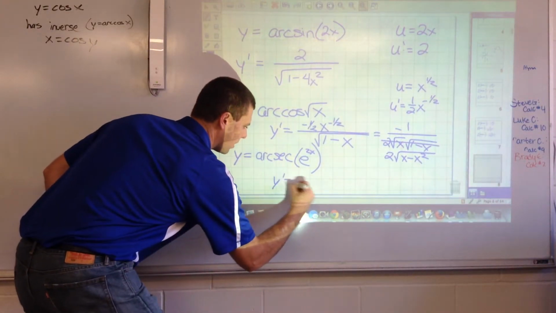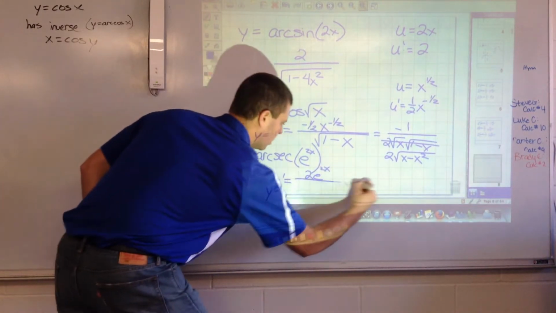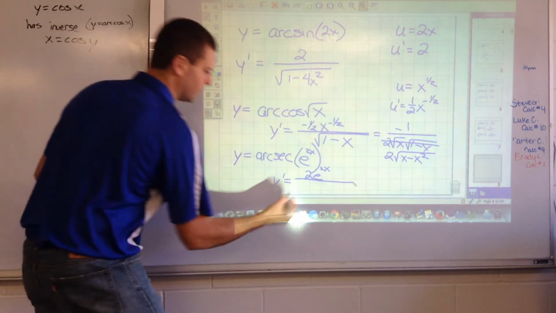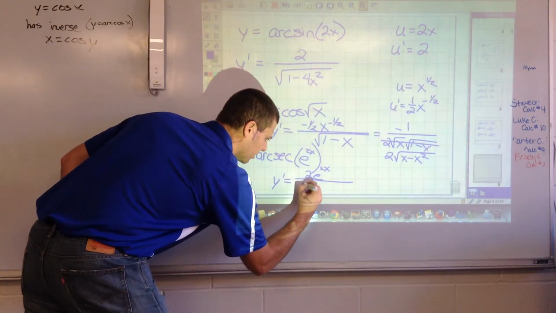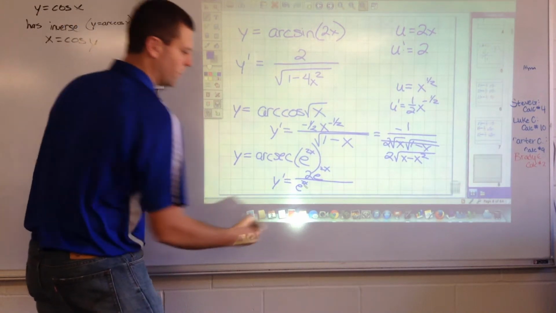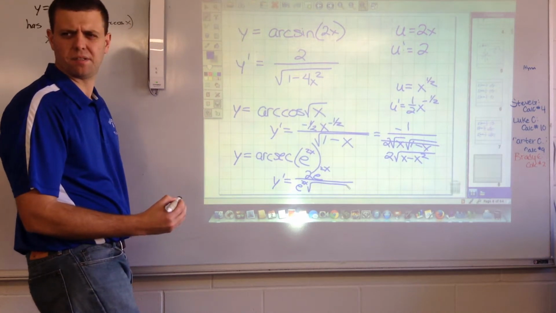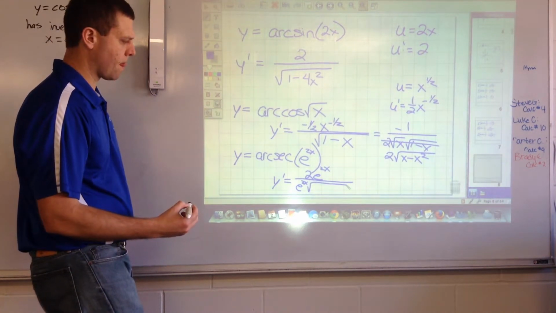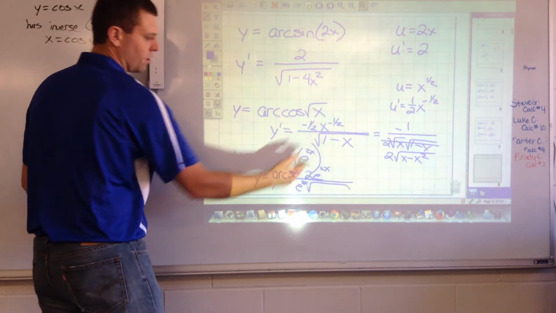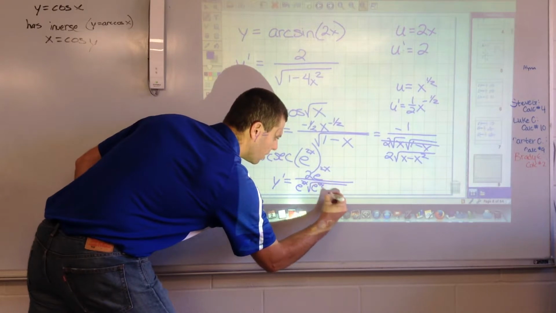So y prime would equal 2e to the 2x over the absolute value of u, so just e to the 2x again, and then the square root of u squared minus 1. So would that be e to the 4x? If you square u, that would be e to the 4x, so minus 1.